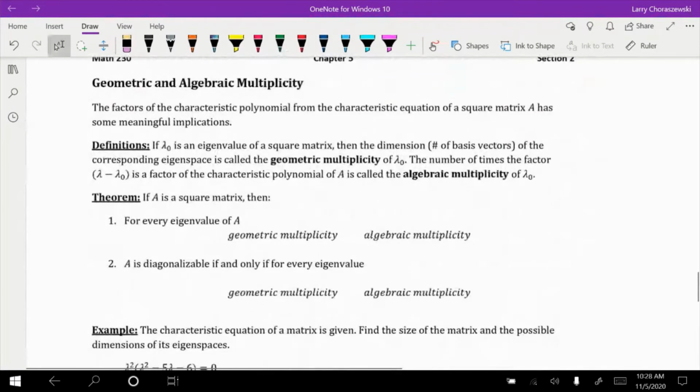We are going to talk a little bit more about that characteristic equation on this last page. Specifically, geometric and algebraic multiplicity of an eigenvalue. I'm confident that we have an idea of what algebraic multiplicity is.